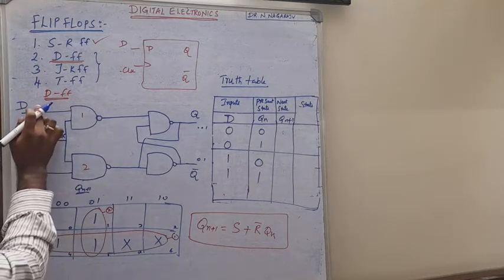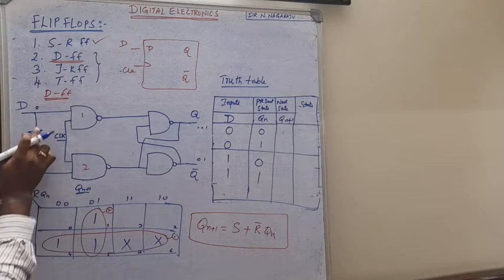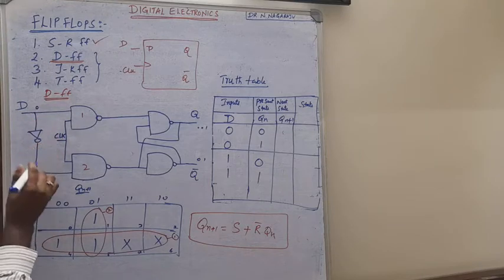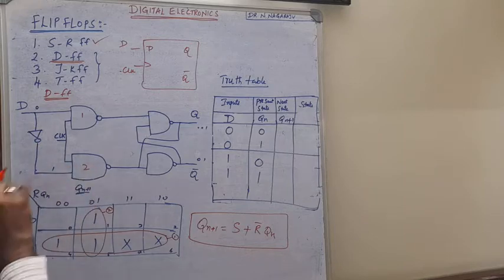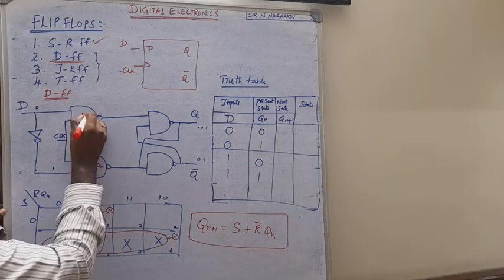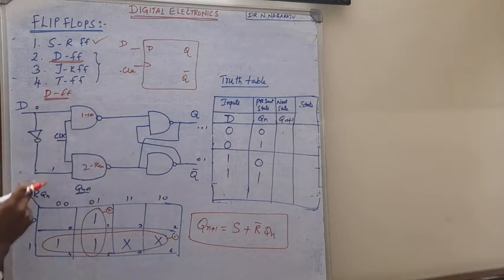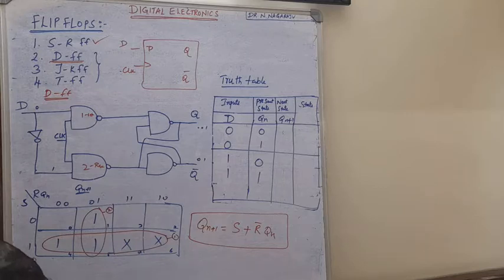If D is equal to 0, 0 is given to the NOT gate, so you will get 1 here. Just remember, R indicates reset flip flop, and this is the set flip flop. Here 1 is there, so that means reset is enabled.